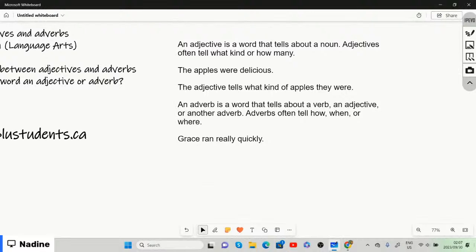And an adverb, on the other hand, is a word that tells us about a verb, an adjective, or another adverb. Adverbs often tell us how, when, or where.